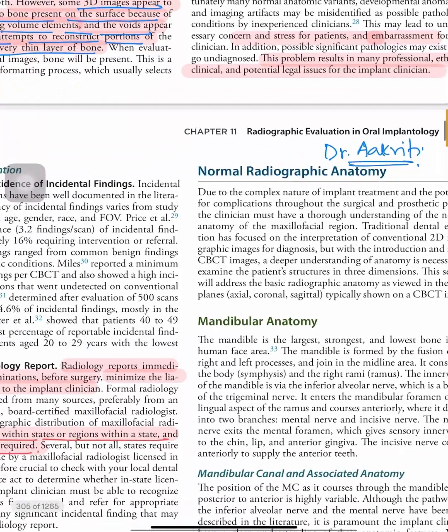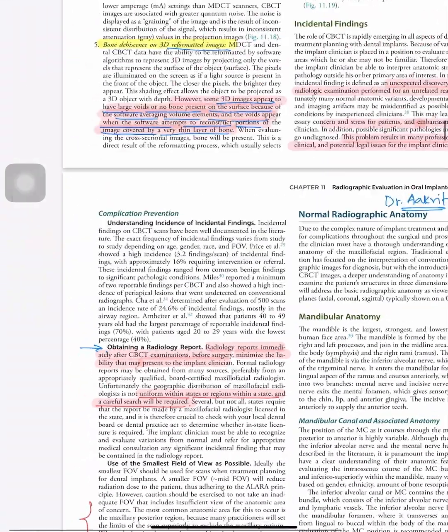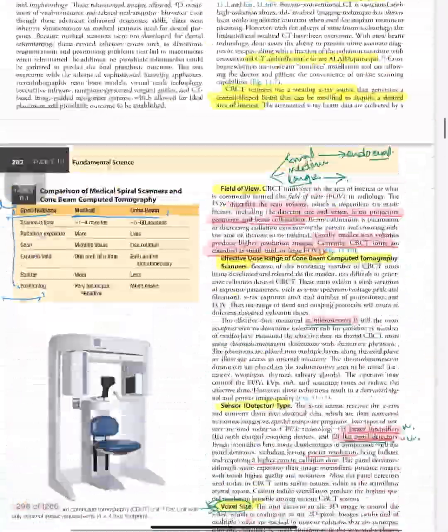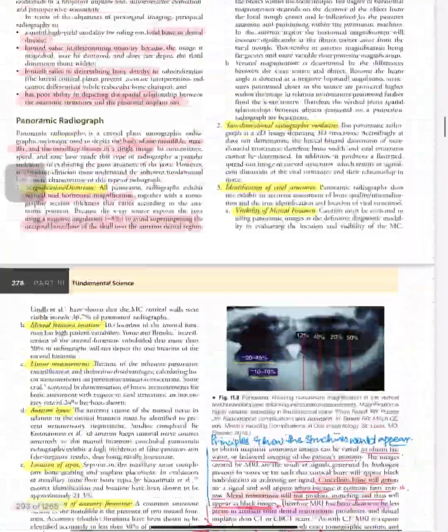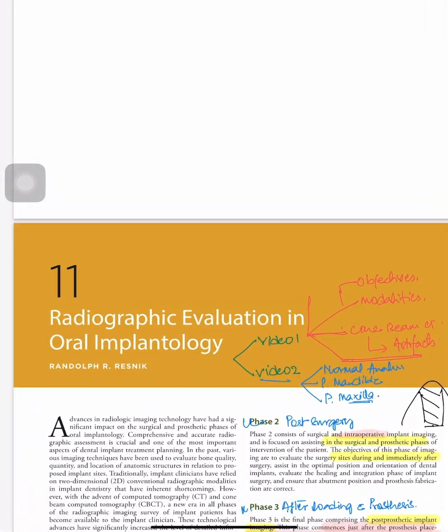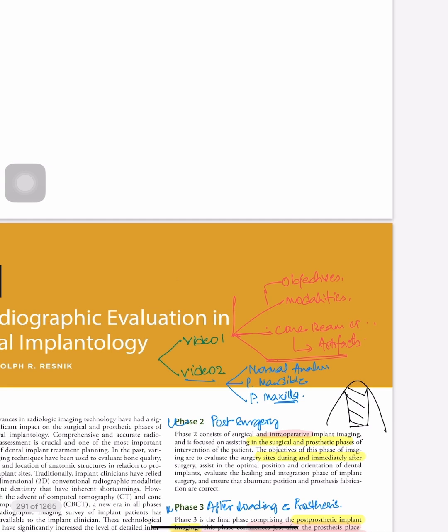So for now, this is all for this particular lecture. We'll just summarize what we have read so far. We talked about the objectives, the different modalities, the cone beam CT, the artifacts, the incidental findings, the advantages of a cone beam CT, and the cases where the cone beam CT has certain limitations compared to the IOPAR.